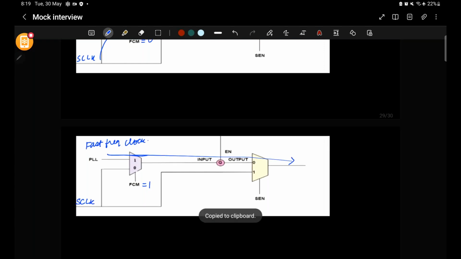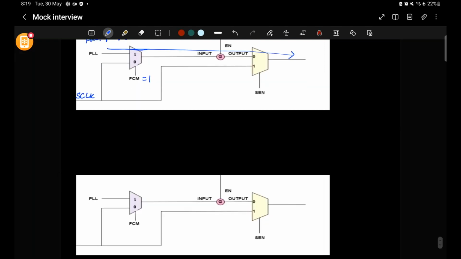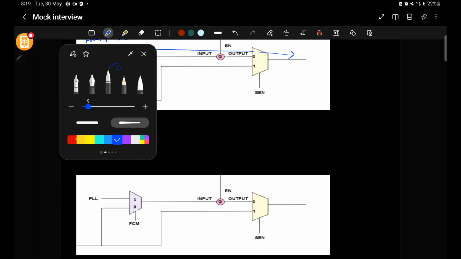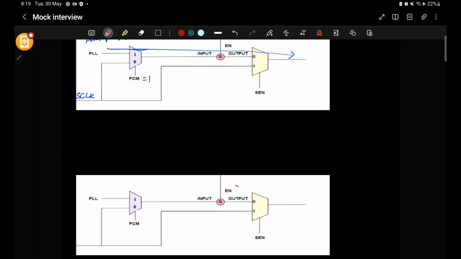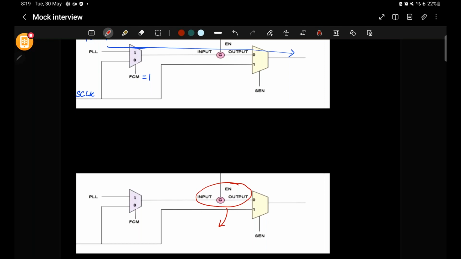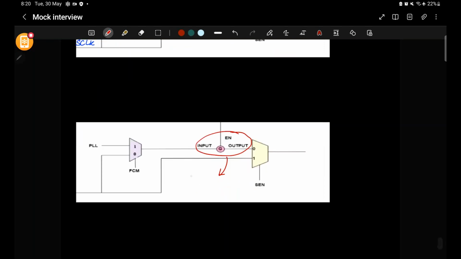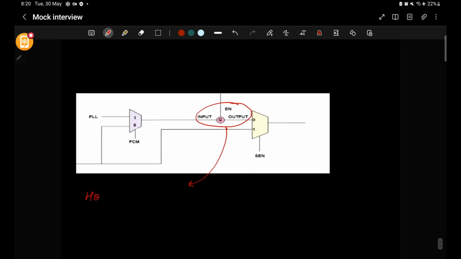Okay. And this clock gator is there, right? Here you are having this clock gator. This clock gator circuit only will decide how many pulses have to propagate. It decides how many clock pulses have to be propagated during shift and capture.